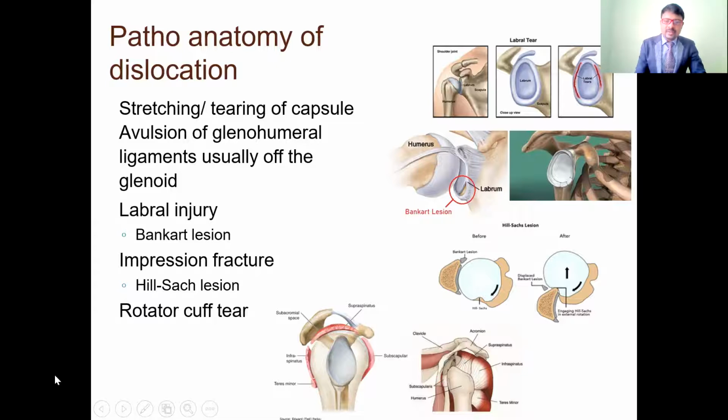Another causative factor is the rotator cuff tear. The rotator cuff means the muscles surrounding the shoulder joint, which stabilize the shoulder in the proper position. These are the supraspinatus, infraspinatus, teres minor and subscapularis.